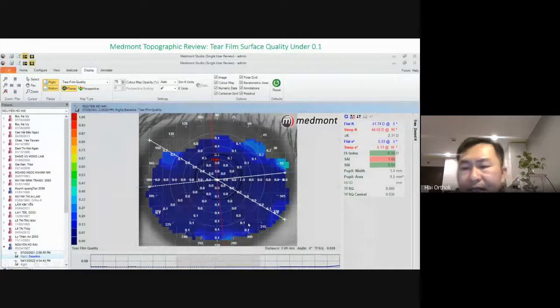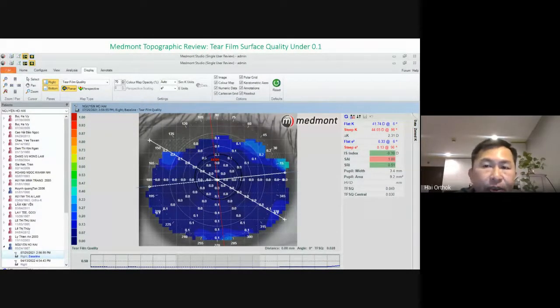Overall, if we look into the tear film surface quality, we can see good tear film on the central cornea. Very good tear film on the cornea in general: 0.049, 0.03, smaller than 0.1. So it indicates that this patient doesn't have dry eye.